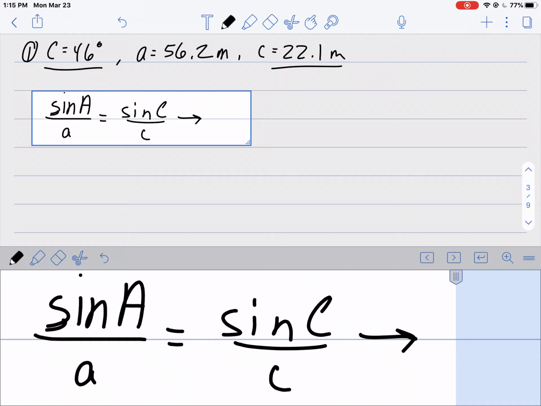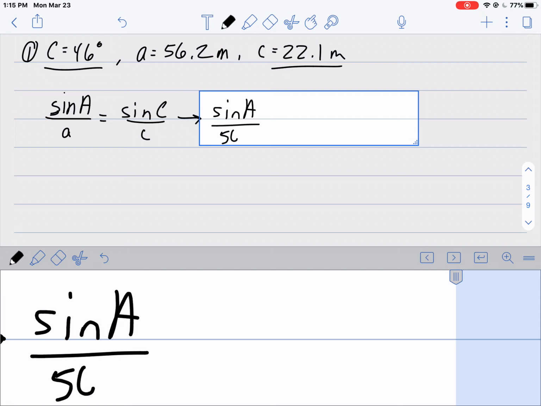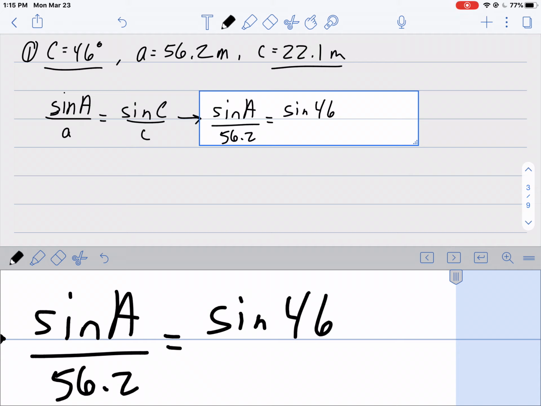Plugging in what we know, sine A is my unknown. So sine A over A, which is 56.2, equals sine of C, 46 degrees, over C, 22.1. And of course, watch your units, if units are given for the side lengths. Now, solving this proportion, I'm just going to solve it normally.